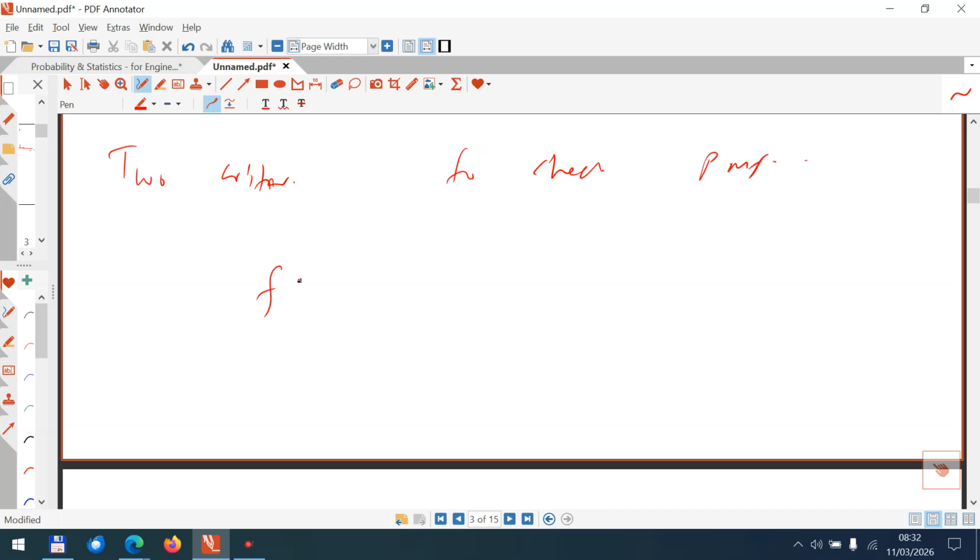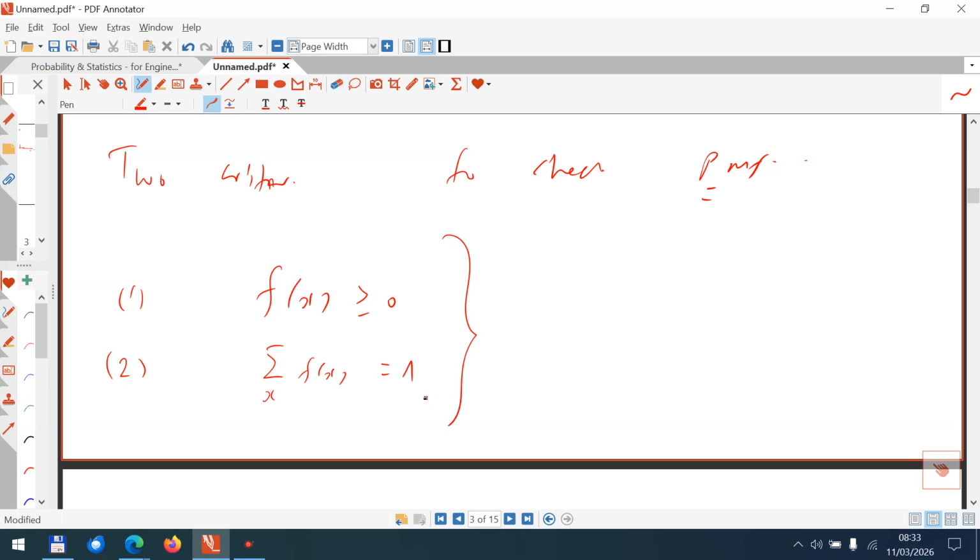So I have f of x, which is a PMF, and I want to know whether this is a legitimate PMF or not. So what is the first condition? It must be non-negative. That's the first thing. If it is negative, then you are gone. Number 2, the summation should add to 1 over all the possible values. When I say x, I mean all the possible values. Must be, sorry, 1.